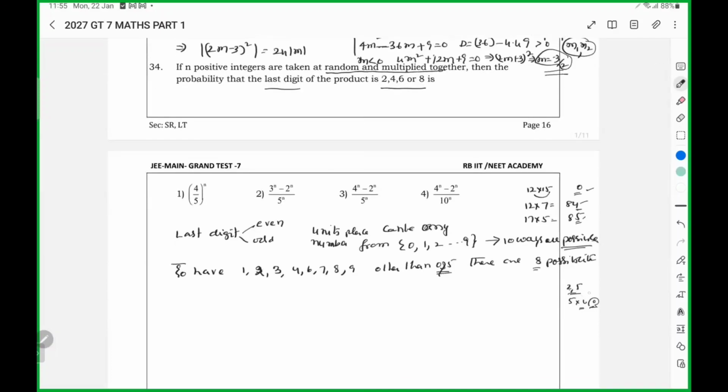Right? So why am I avoiding 0? 0 into some other number comes, like 10 into 18, and 0 will come in the units place. But in the units place 0 is not there. That 0 is possible with 5 or 0, so those numbers I am not considering. So in the units place, how many ways? 8 ways.